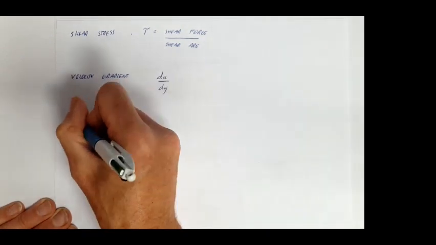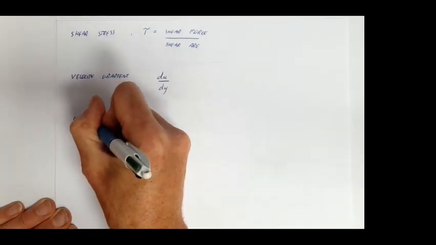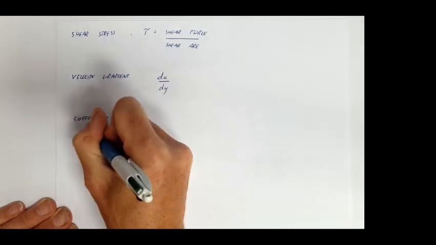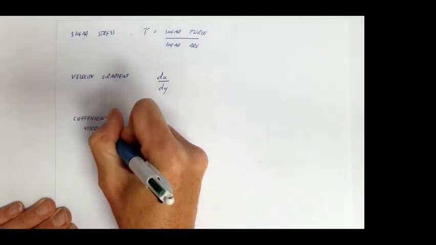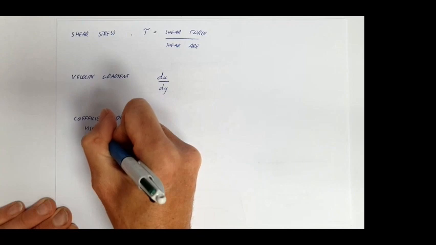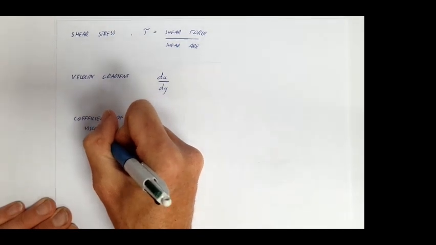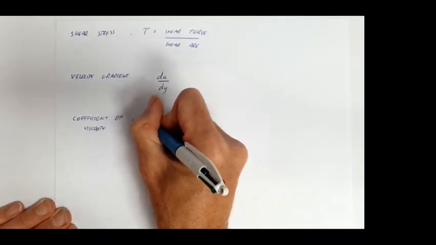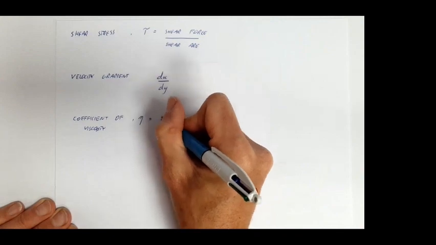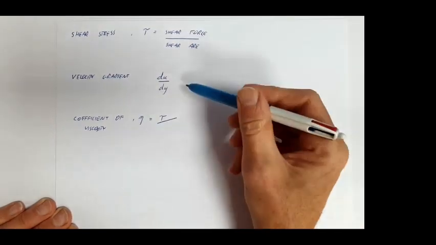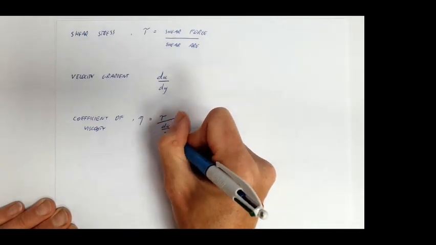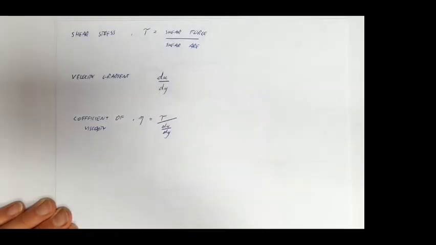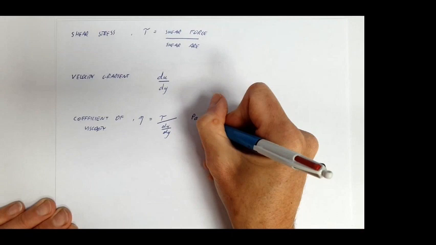So our coefficient of viscosity is our shear stress divided by our velocity gradient, du by dy. Okay, and the units for our coefficient of viscosity, therefore, are going to be Pascal seconds.